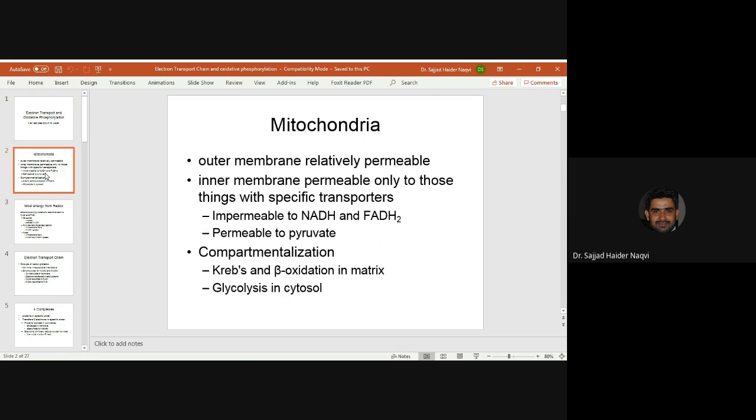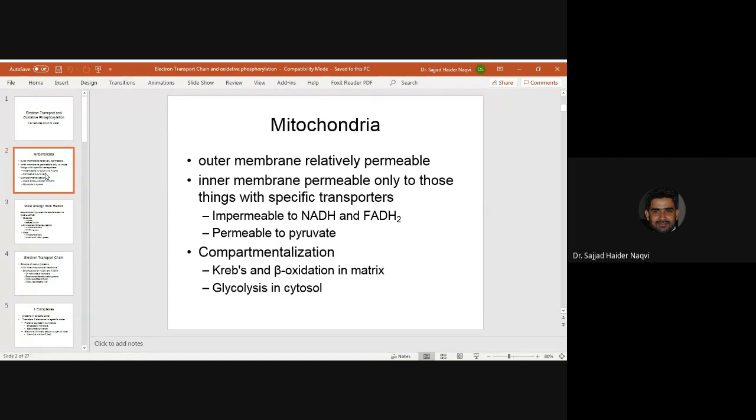In the cell, there are two levels of compartmentalization. There is one we call the cytoplasm, and there is the other one that's called the nucleus. Now, within the cytoplasm, we have certain membrane-bound organelles, and one of the most important membrane-bound organelles within the cytoplasm is the mitochondria. You have all studied about mitochondria.